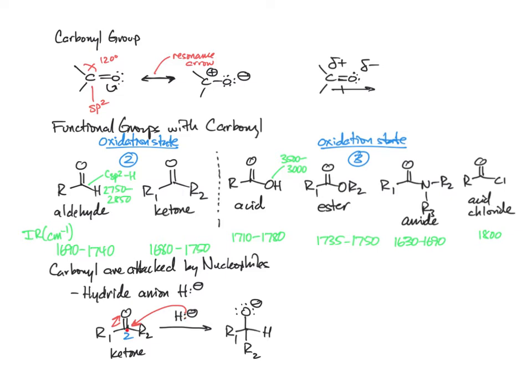We've changed from sp2 to sp3. We have 1, 2, 3, 4 sigma bonds now. Most importantly, if we count the number of carbon bonds to a heteroatom, it's just 1. So we're now at an oxidation state of 1. So 2 to 1, that's overall a reduction. Notice we've gone from a ketone to an alcohol.